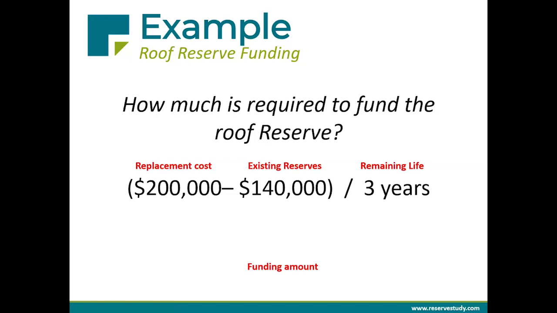So let's say that for argument's sake, we've determined that's 3 years. Okay. I'm going to take 200 minus 140. I get 60,000 divided by 3 means I am going to put away 20 grand a year into my roof reserve bucket so that I will be fully funded for it by the time it fails. Okay.